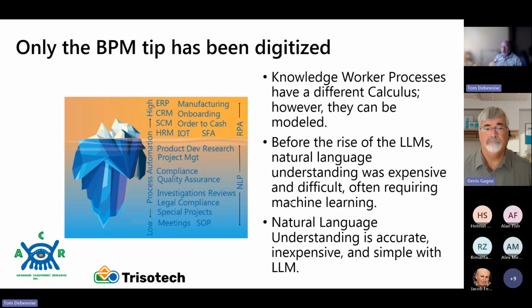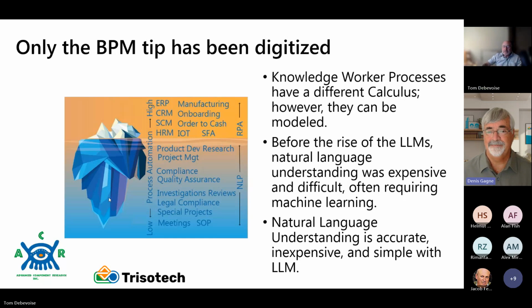Before the rise of large language models, understanding the text and the context was difficult and expensive, because you have to utilize pre-trained entity recognition models and create all of your own context around it. The large language model helps you with that. It's basically simple, accurate, and inexpensive with the large language model. Denis, do you have anything? No, fine.